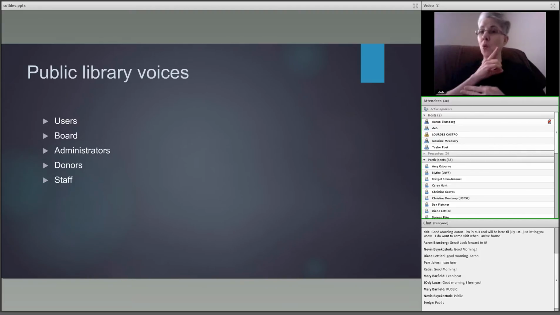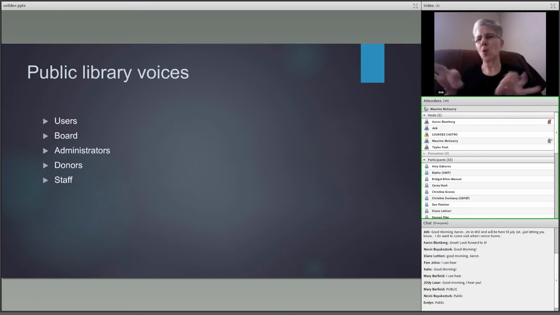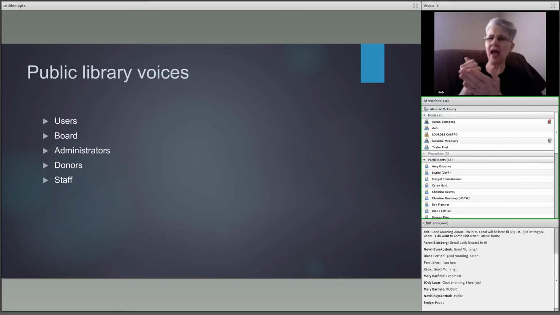Your board, the library board, is definitely going to be someone you have to listen to and take into consideration. Again, as with donors, talking with your board and with your administrators is very important. They might have ideas that you can discuss, and maybe you can shape their thinking a little bit of what a collection should be. But you also need to take into account their feelings about how a collection should be developed.